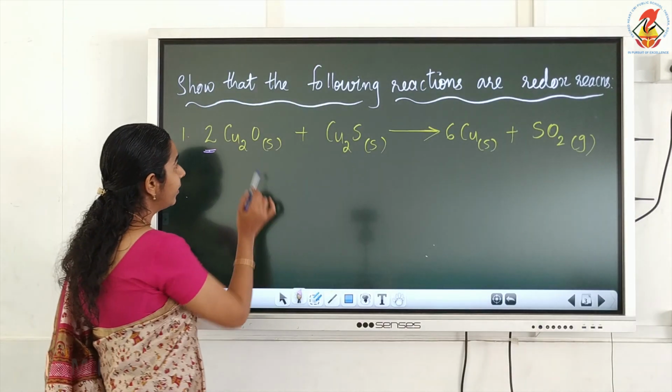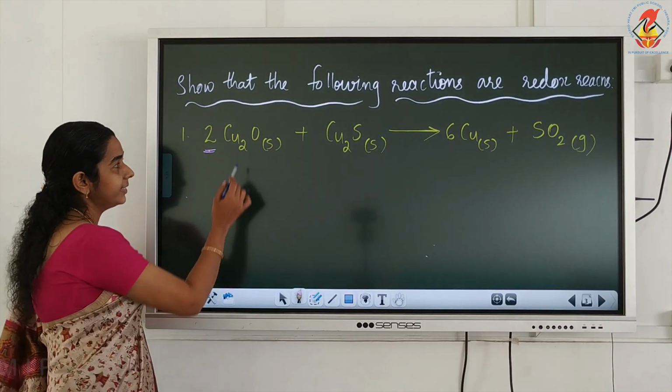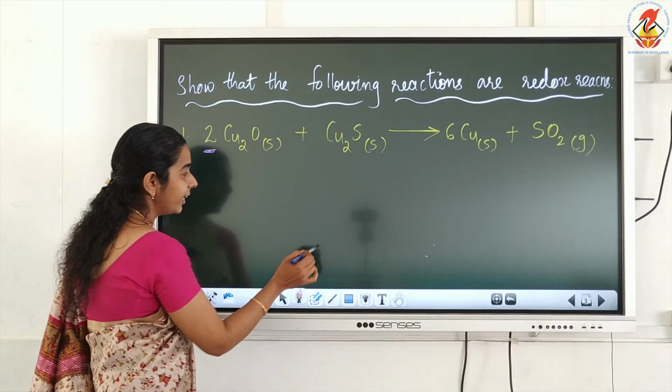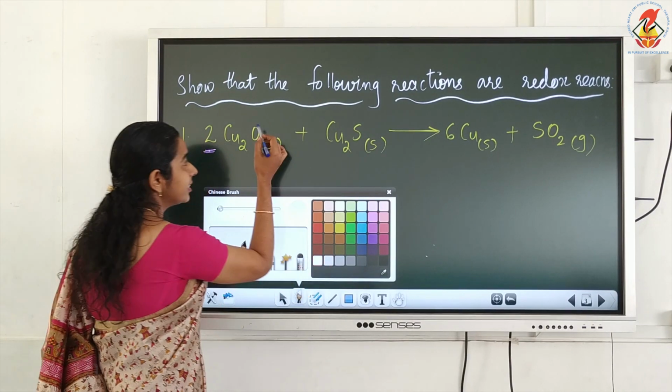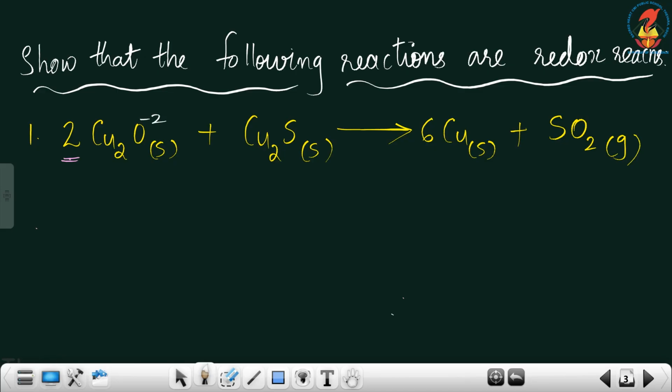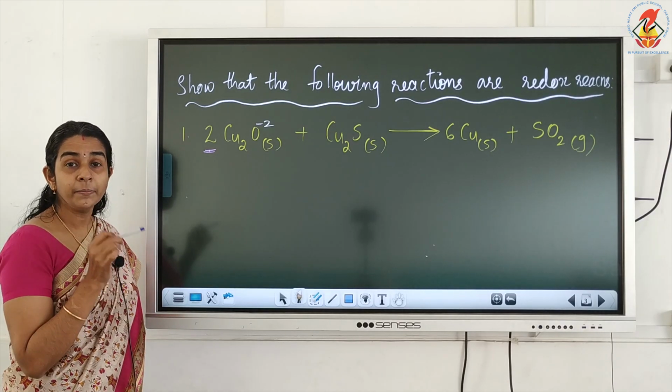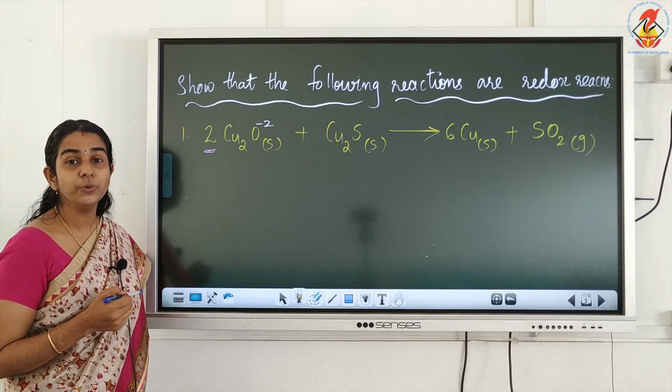Okay. Now, see the first, Cu2O. We know that oxygen's oxidation state is -2. The given species is neutral. Neutral species means the sum of oxidation states should be equal to 0.